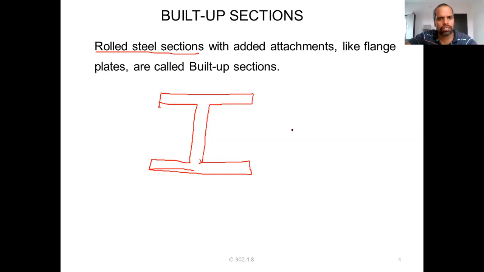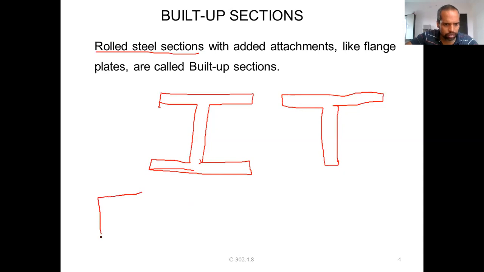Rolled steel sections may be an I section, a T section, a channel section, which is a single channel section, and an angle section, equal angle or unequal angle, whatever it may be.